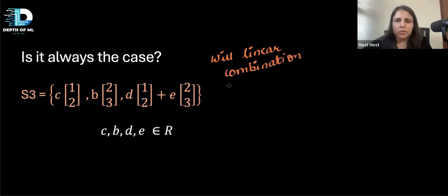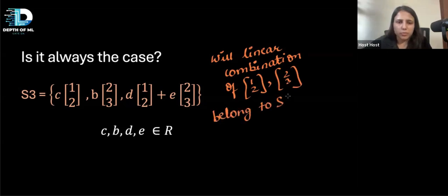Now suppose I say, okay, I will add all the linear combinations of 1, 2 to this set. Now, will the linear combinations of 1, 2 and 2, 3 belong to S3?